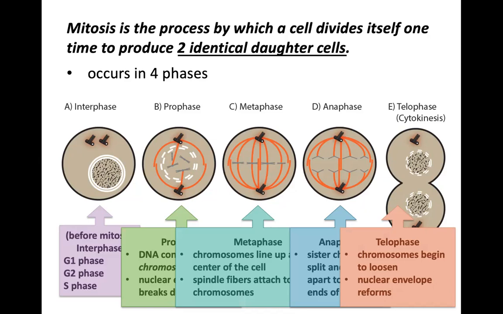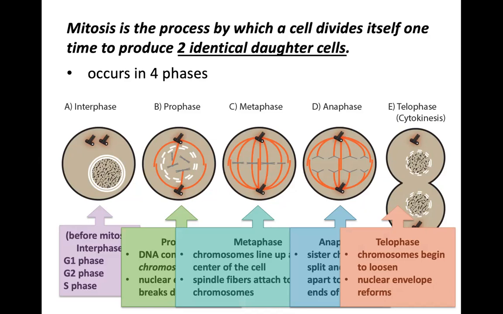Chromosomes begin to loosen, because now when it starts all over again, back at interphase, we have what? Chromatin, which is non-dividing and loose, right?